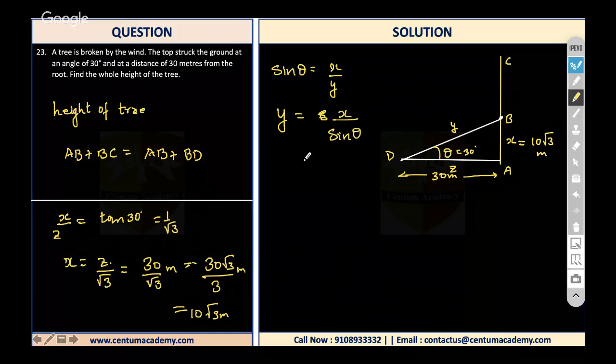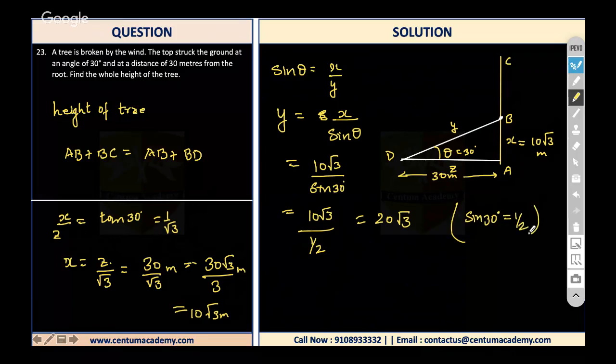X is 10 root 3, and sine 30 is half. So 10 root 3 upon 1 by 2 equals 20 root 3. In the brackets you write sine of 30 degrees equals half. Fair enough, so you got Y.